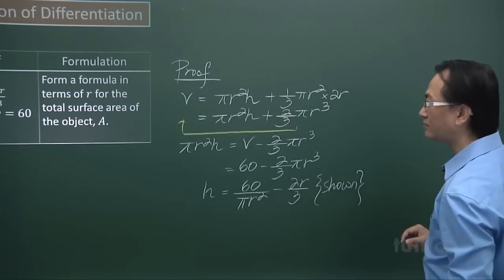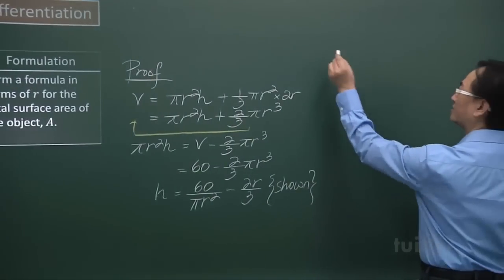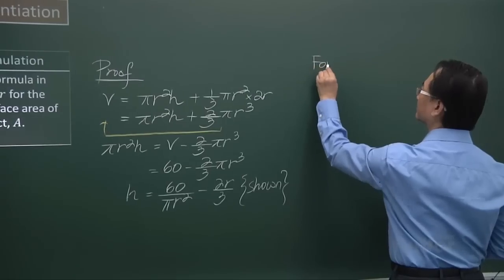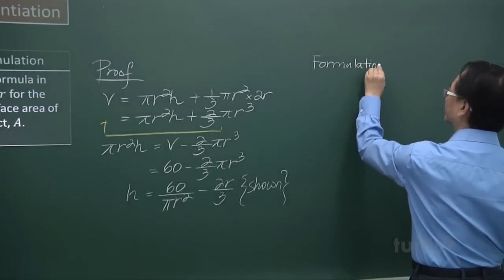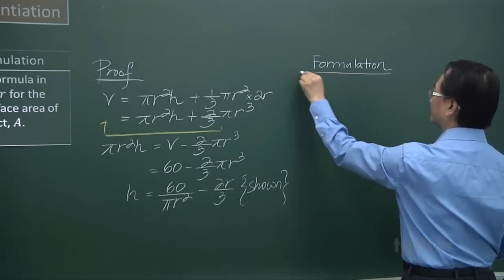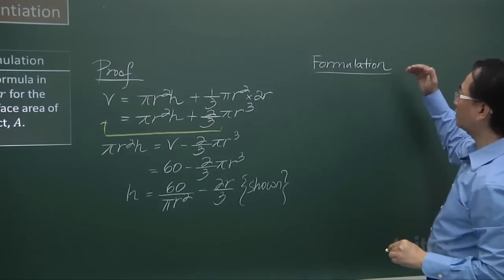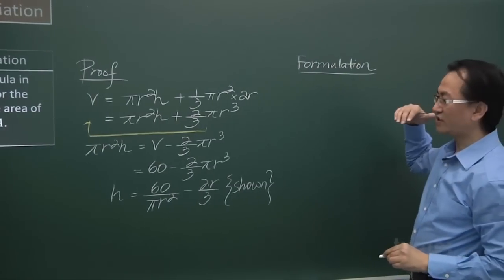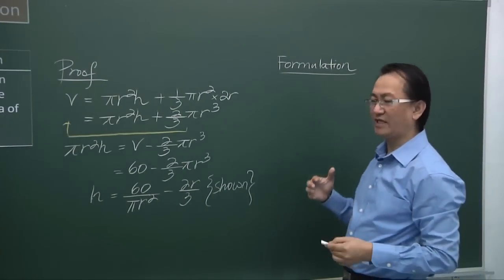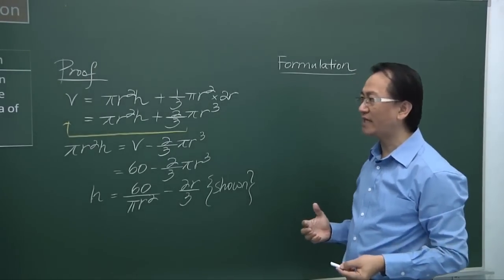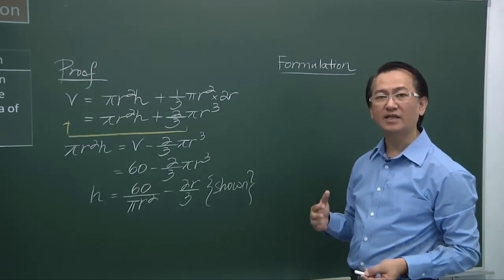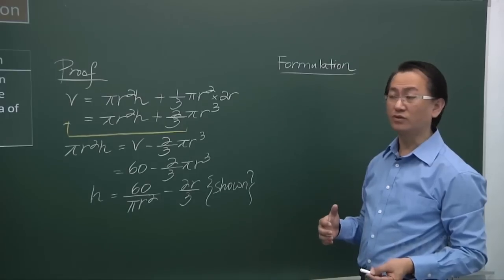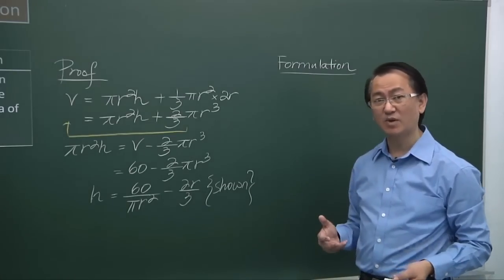So first of all, the surface area, now we need to formulate it, because if we have an equation involving too many unknowns and too many variables, then it makes it impossible to work through the sum in maxima minima.